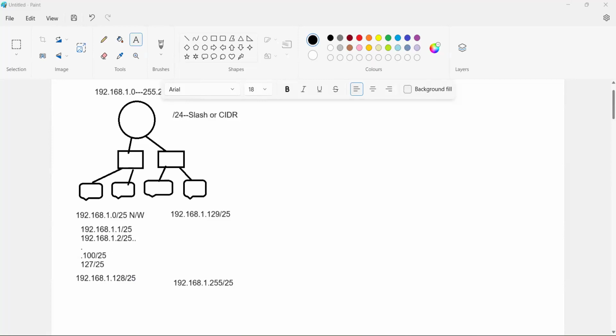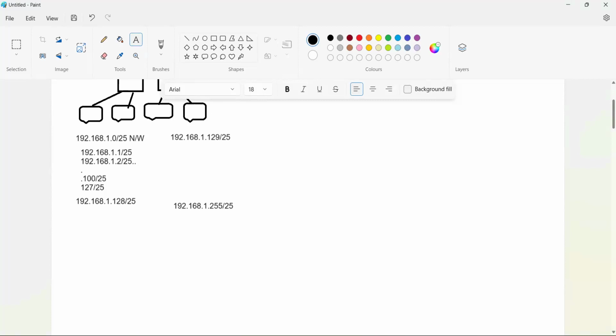Wastage of IPs and broadcast. Usage of IP addresses.